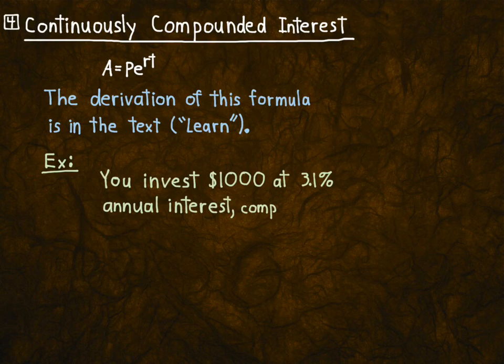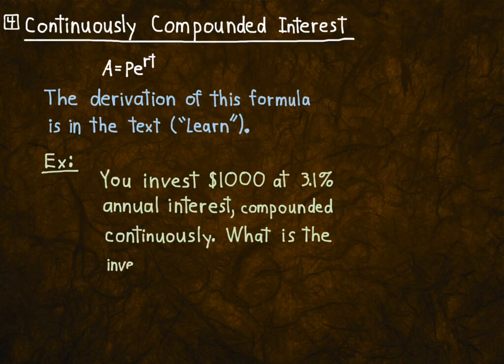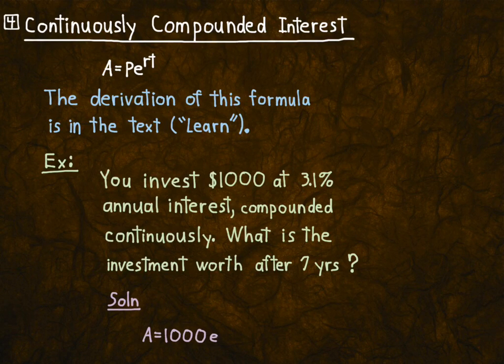So for example, I'm going to use the same example. You invest $1,000 at 3.1% annual interest compounded continuously. What is the investment worth after 7 years? I actually computed this to find my maximum before, and that's what it'll give you.